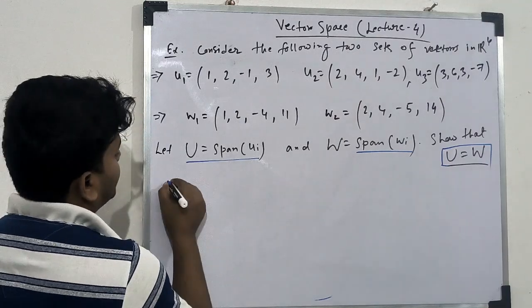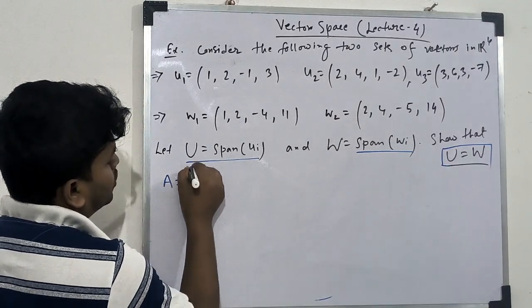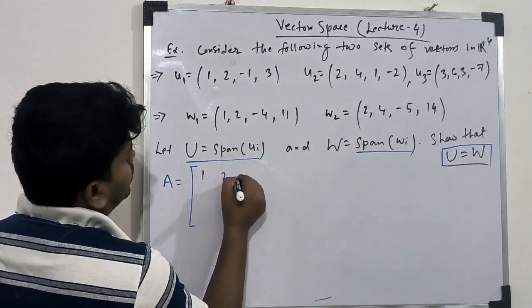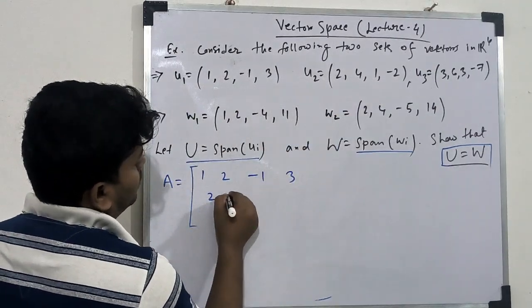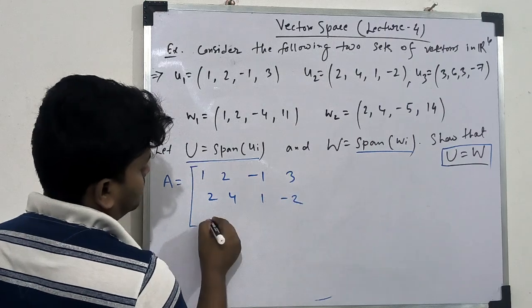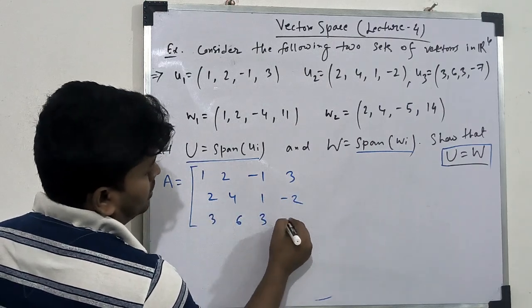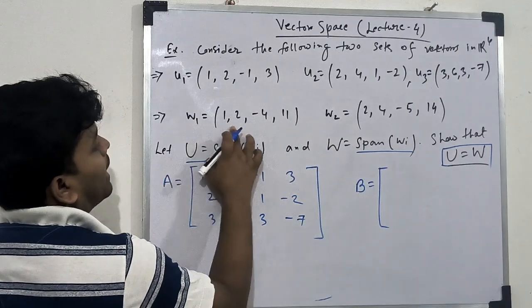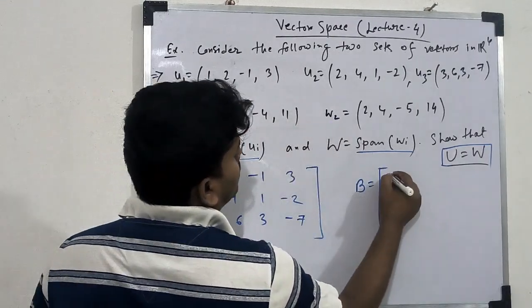For that, first we make a matrix A which contains u1, u2, u3 as rows, and another matrix B with w1, w2 as rows.